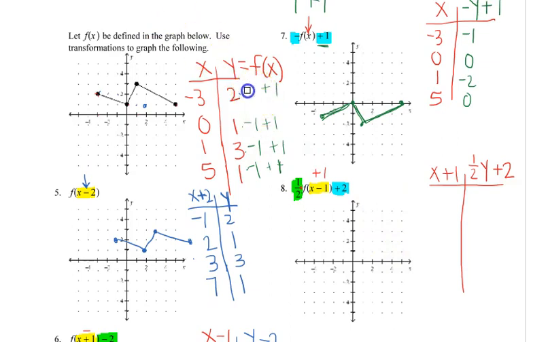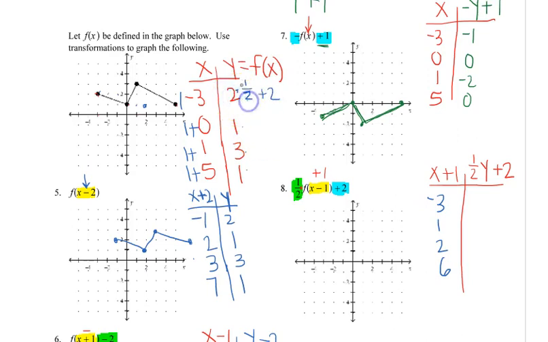So I'm going to erase this for the new problem and say we're adding 1 to all our x's. So that's negative 3, 1, 2, and 6. The y's we have to multiply by a half and then add 2.